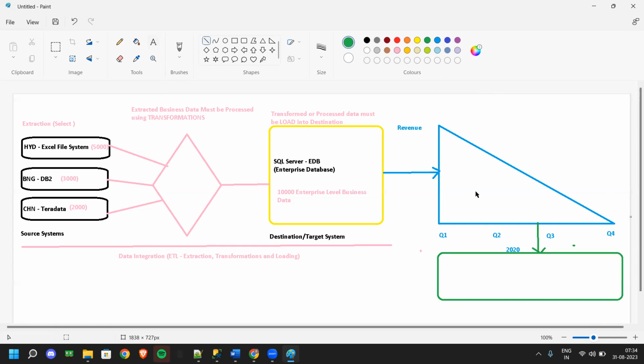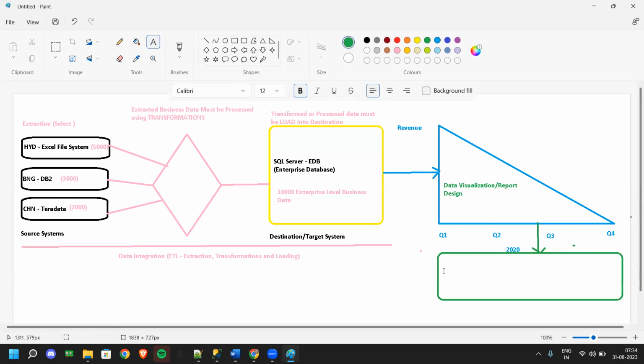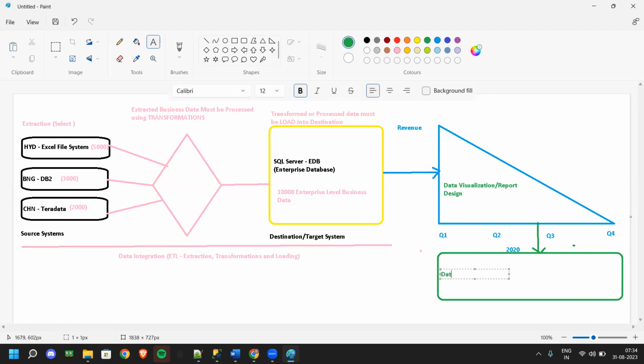So this is your data visualization, or else report design. And this is your data analysis, using a multi-dimensional model or a tabular model.